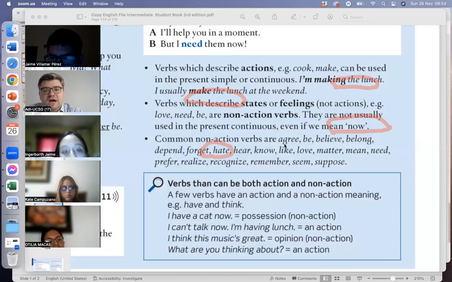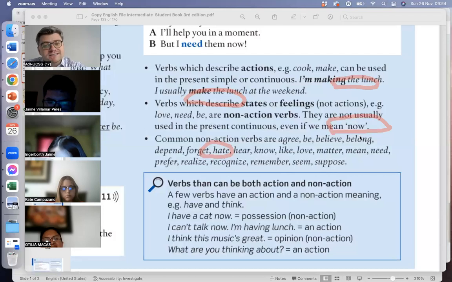Common non-action verbs are agree, be, believe, belong, depend, forget, hate, fear, and so on, seem, matter, mean. So in this case, what we're trying to say with this rule is that for a lot of these non-action verbs, even if we can see that the action is happening now, we are still going to be using present simple and not present continuous.